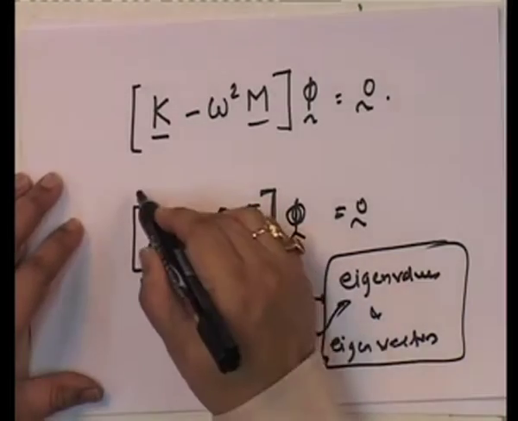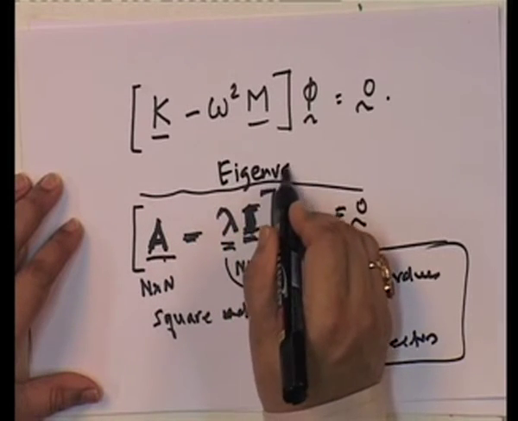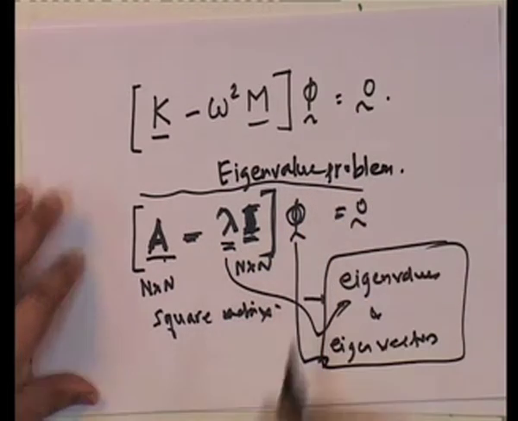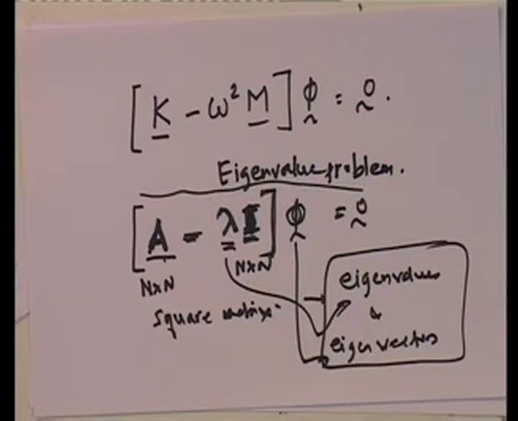And this problem was known as an eigenvalue problem. So, if you look at this, k minus omega squared m is pretty much similar.